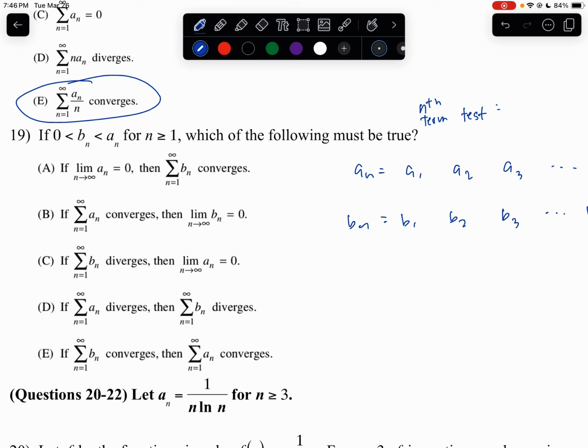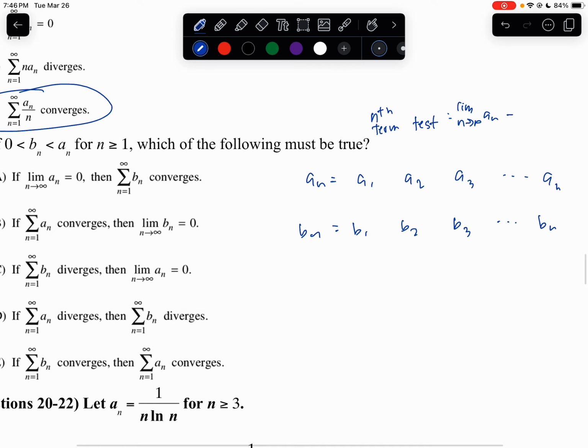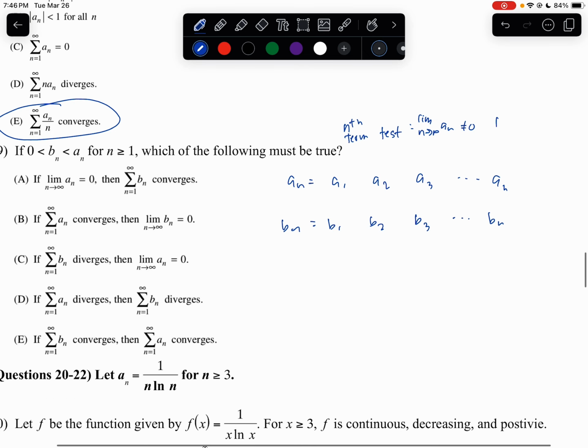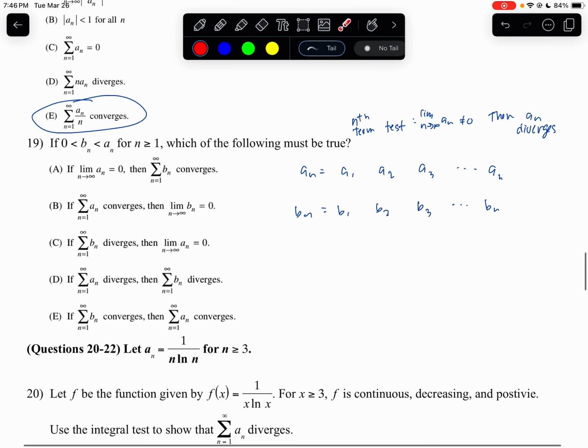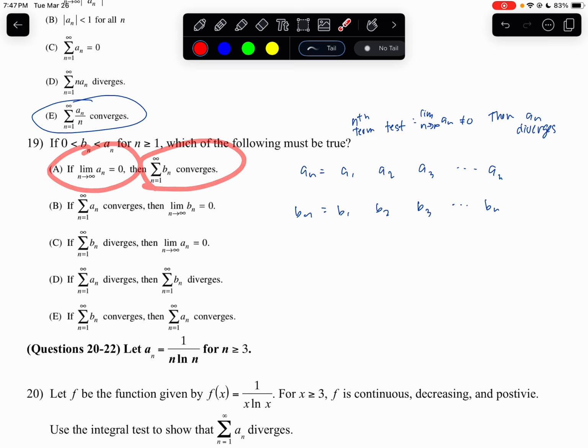So nth term test: if the limit as n approaches infinity of a sub n does not equal 0, then a sub n diverges. So here's the thing. The limit as n approaches infinity of a sub n might still be equal to 0. If it's going to converge, then it's likely that it will be equal to 0, but this doesn't necessarily prove that it's going to converge. So that's why I'm having struggles connecting those two together.